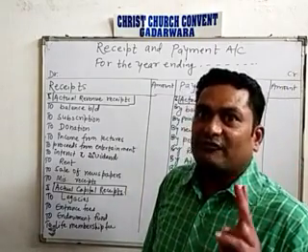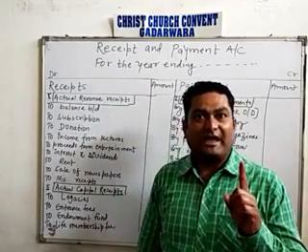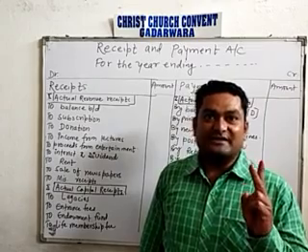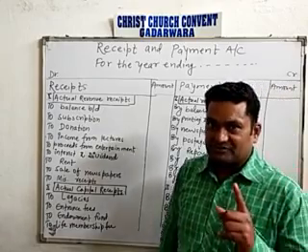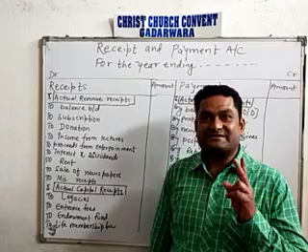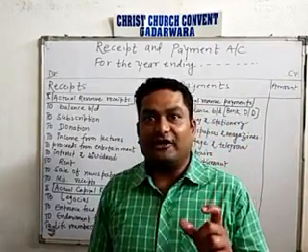Receipts and payments are of two types. First is revenue receipts and second is capital receipts. Likewise, payments are of two types: revenue payments and capital payments. So what is the meaning of revenue?